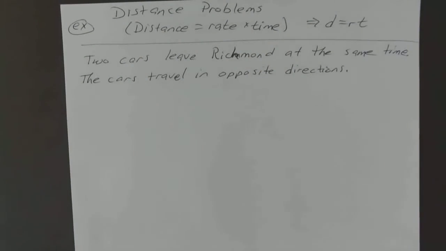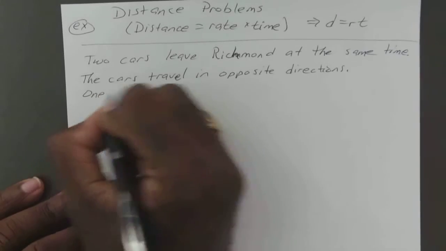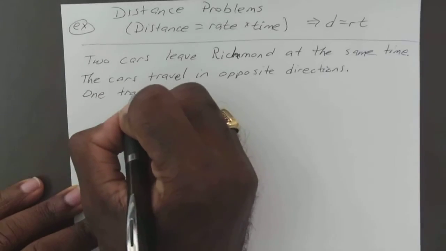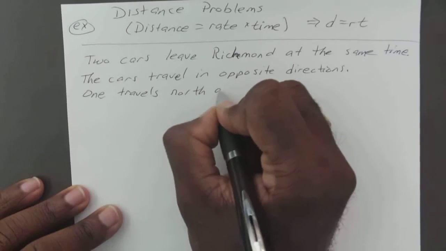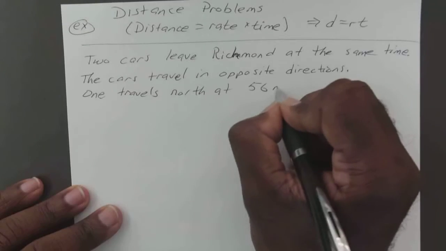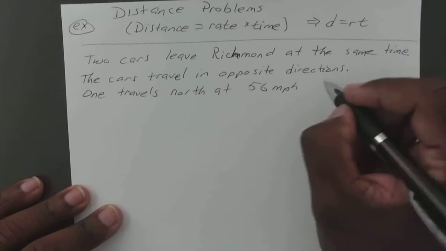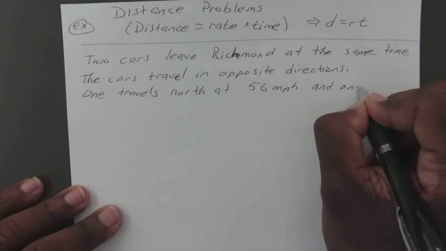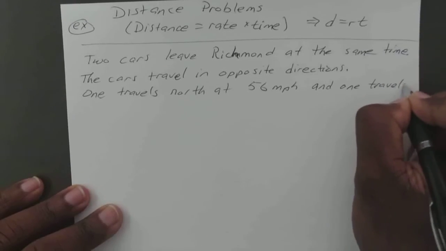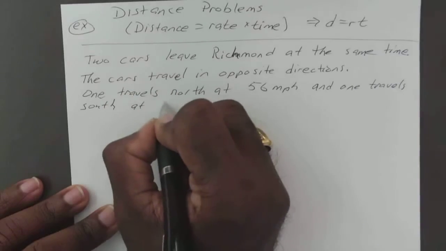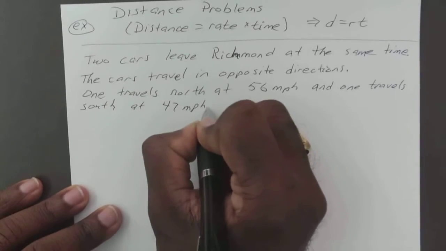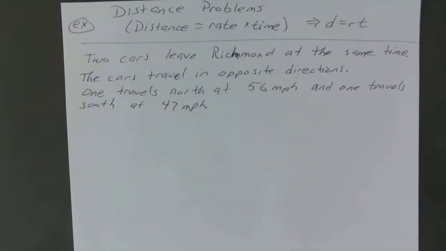Okay, so one travels north at 56 miles per hour. And one travels south at 47 miles per hour. Okay. So when will those two cars be 206 miles apart?